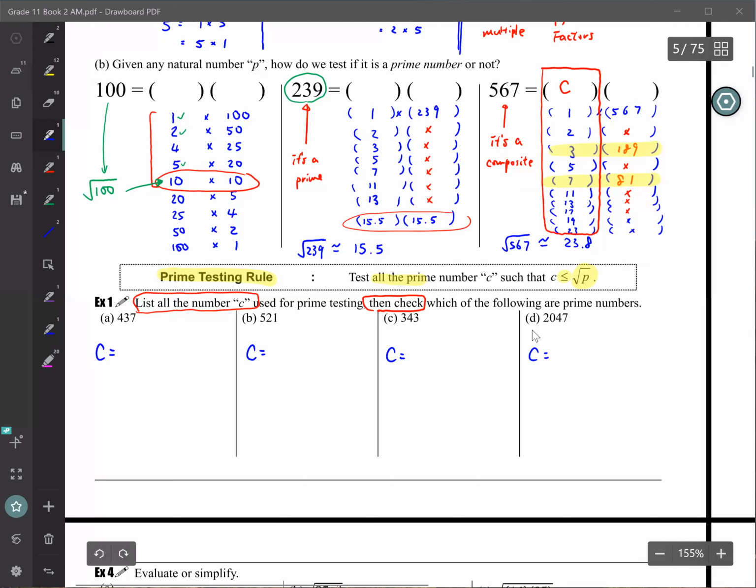Question D is up to 2047, right? So it's a challenging one, has quite a lot to test, but you've got a calculator, so it should be manageable. If anyone has questions about what to do, let me know.